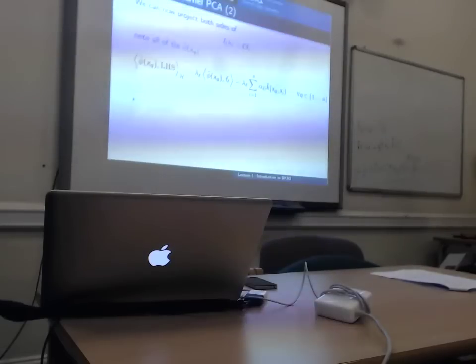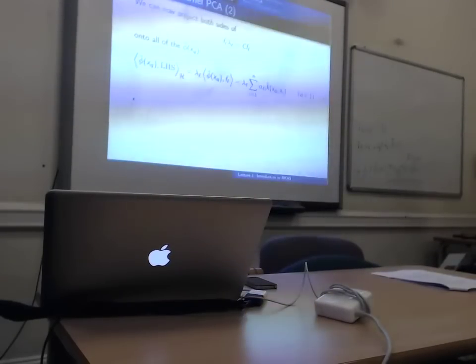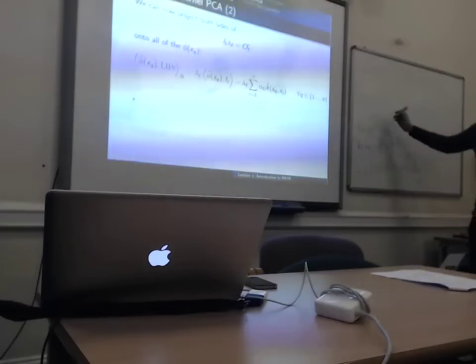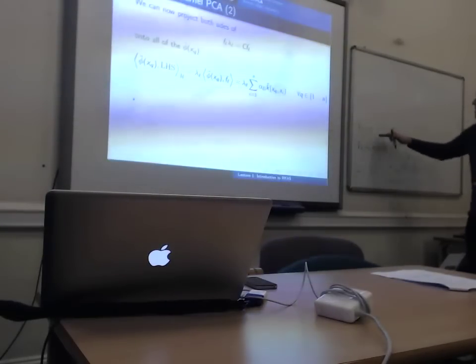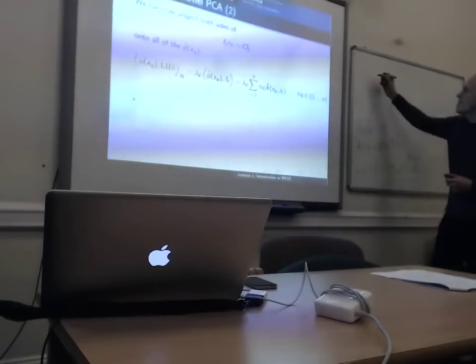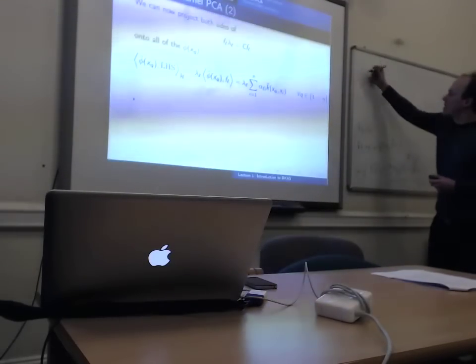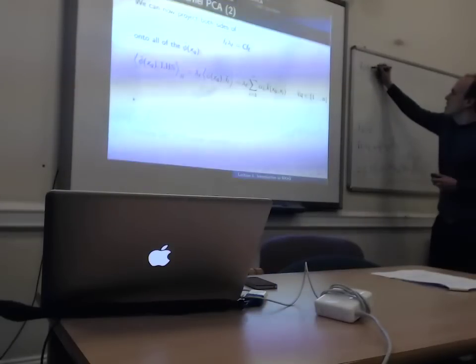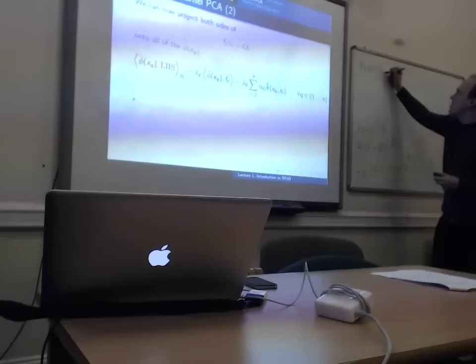So that's basically what I'm going to do. Let's take the inner product of both sides of this with the feature map of xq. So let's say I'll start up here, FL lambda L is equal to CFL.